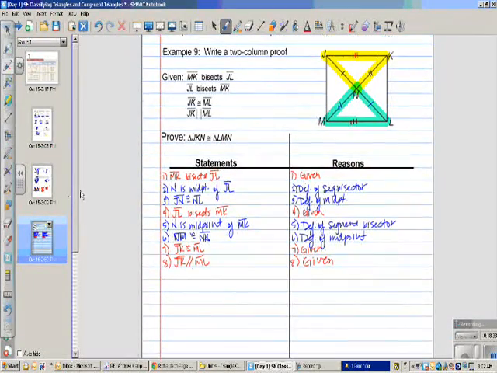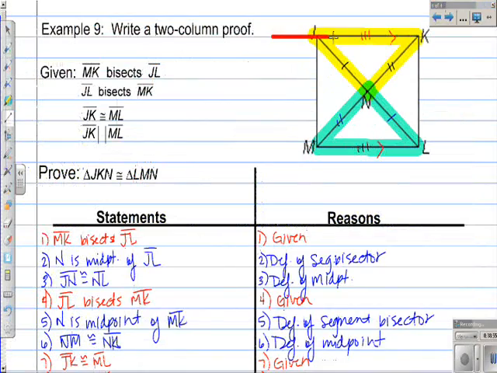Okay, so from here we can go ahead and mark that picture. And now you're probably wondering, why do we need to know that JK is parallel to ML? Well, when you have parallel lines here and here, let's go ahead and put in our transversal.